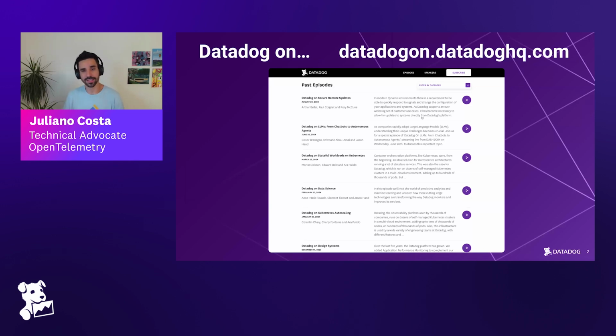And we try to bring engineers from the teams that were involved in this solution to present their solution and discuss with the advocacy team, the team that I'm on, to share this with the broader community, from engineers to engineers, what we are doing here at Datadog.